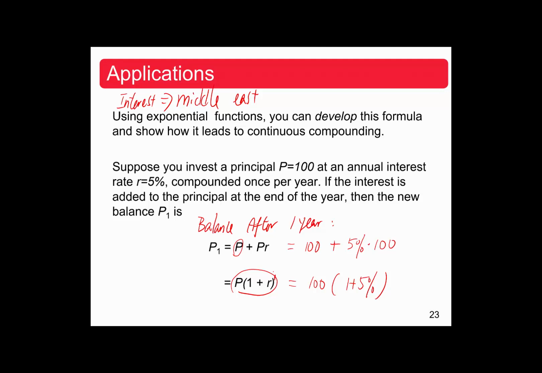Look at the base here, 1 plus R. It's going to be greater than 1. So this means it's an exponential growth model. That's why after applying the compound interest formula, the money is growing. The investment is growing. You're getting more money after a certain period of time.